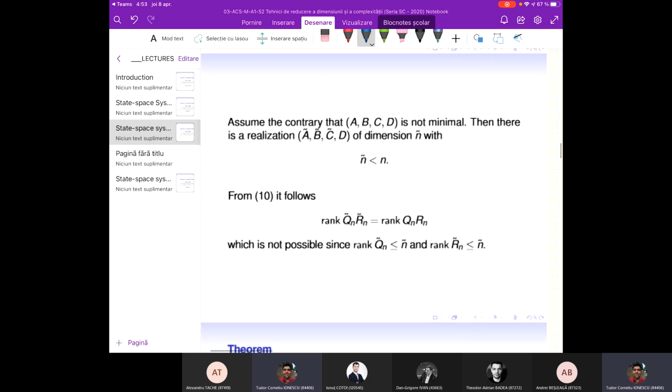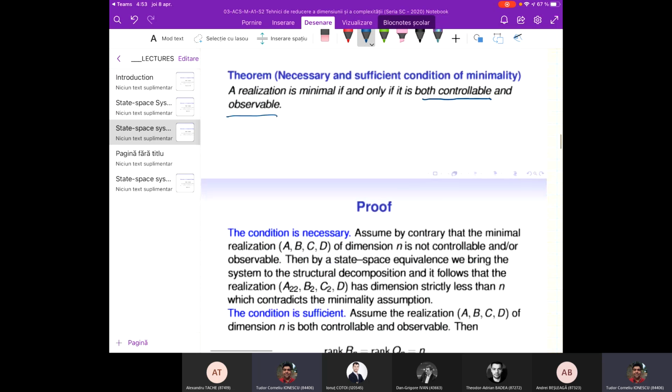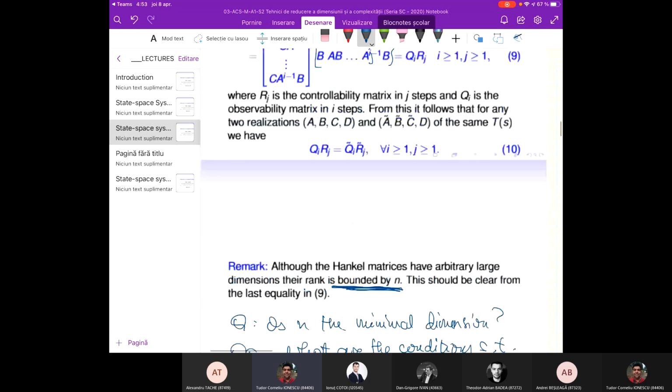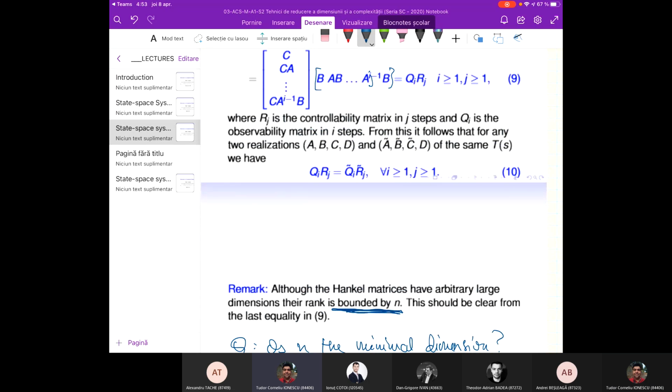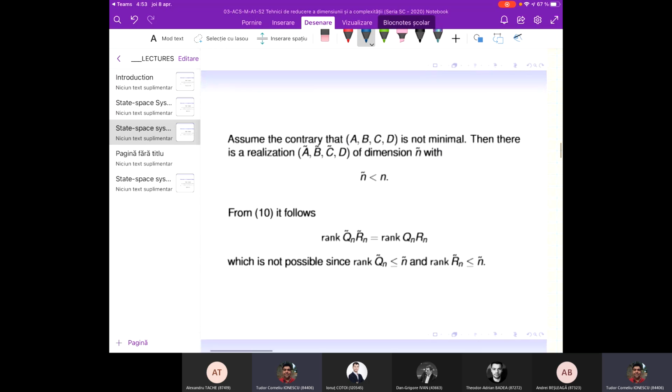Again, assume by contrary that A, B, C, D is not minimal. Then there exists another realization A tilde, B tilde, C tilde, D of dimension n tilde with n tilde strictly less than n. So if you deny this, this is what happens. From relation 10, which is this one, you get this.